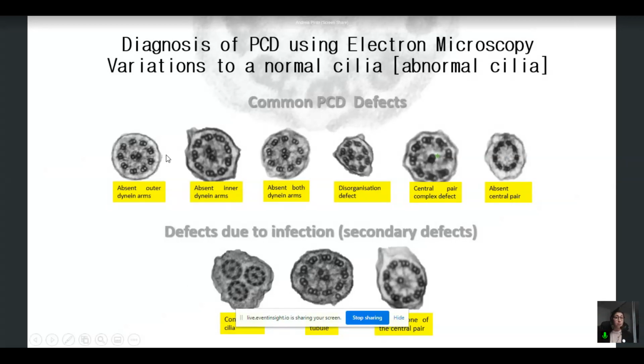But in PCD patients, the ones that have genetic problems, this will happen all the time. Even if the cells deciliate and become nude and reciliate again, the cilia will always be defective. And this is why it's so important to have this library of defects and to know how they look.